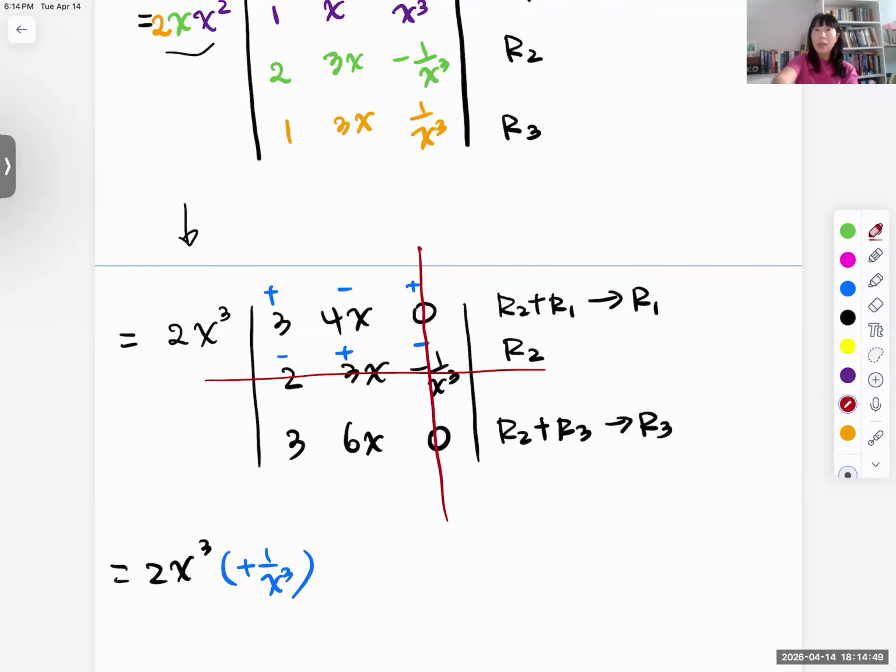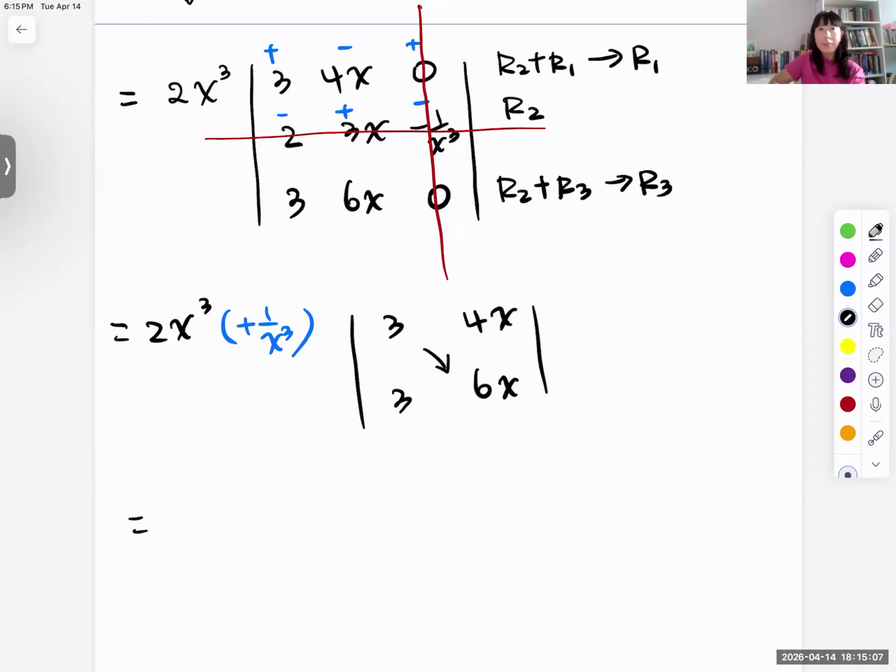All right. So then we have a 2 by 2 determinant, right? So there will be 3, 4x, 3, 6x. Now we can easily find the determinant.